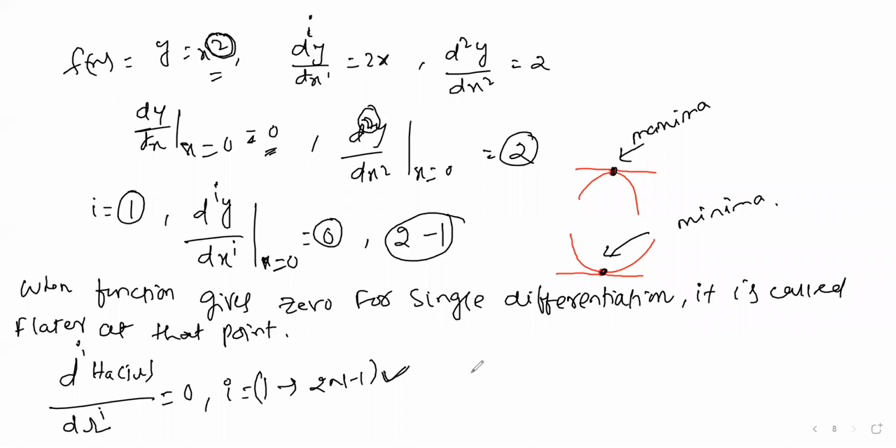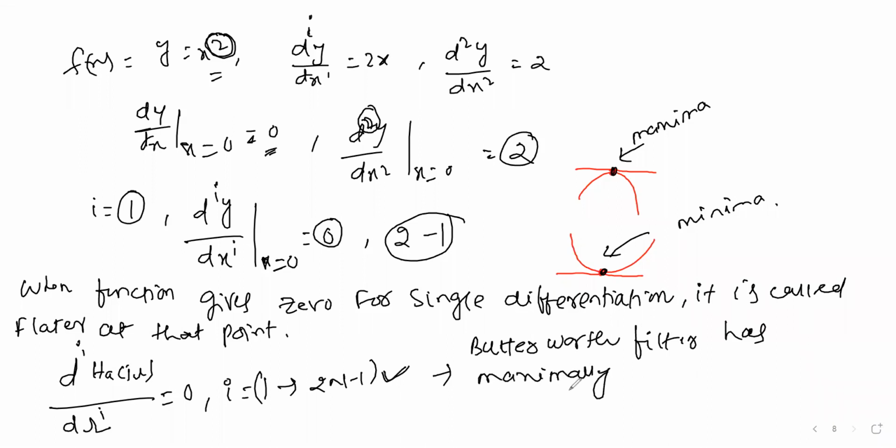That's why we can say that the Butterworth filter has a maximally flat response, meaning more than one flat value, maximally flat at omega equals 0. For a single differentiation being 0, it means a single flat value, but here more differentiations are 0.